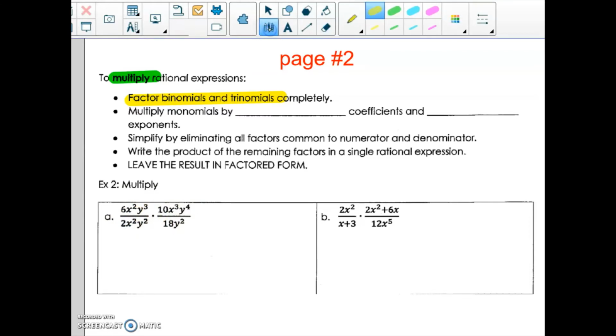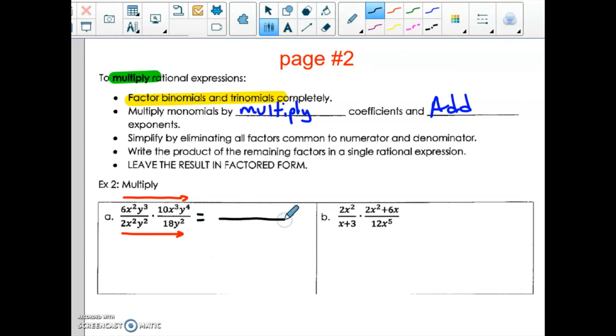So it's going to tell us to multiply the monomials by multiplying your coefficients and adding exponents. So let's do that. Now when we multiply, we multiply straight across. This is not a cross multiply situation.